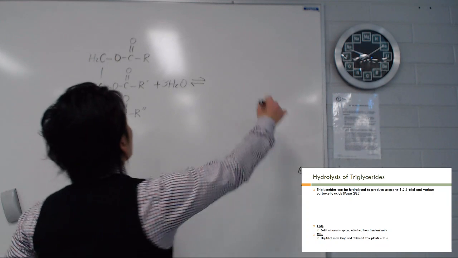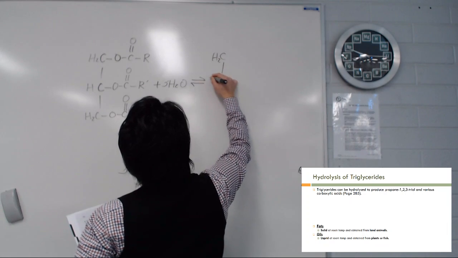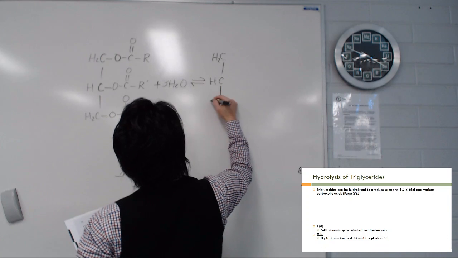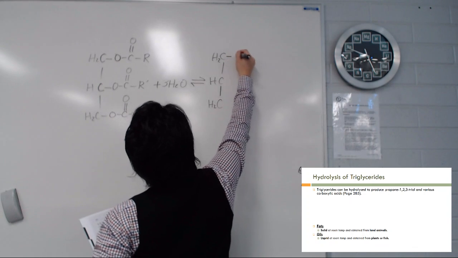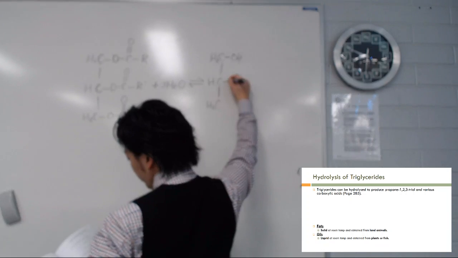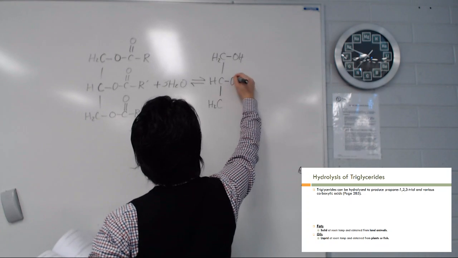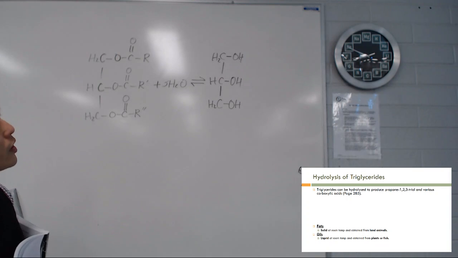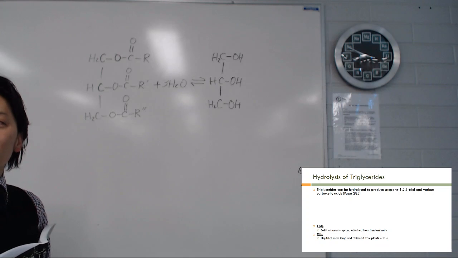Now you'll be able to make CH2, CH, CH3... no, that's right, CH2 is fine. CH2OH. That's propane-1,2,3-triol.